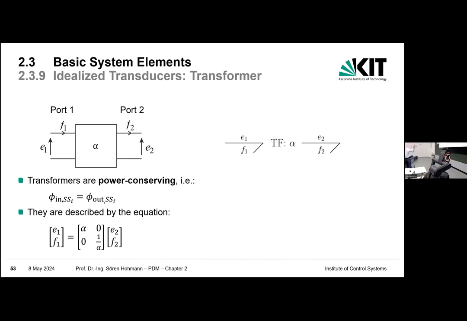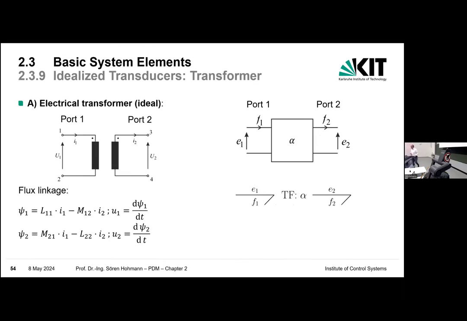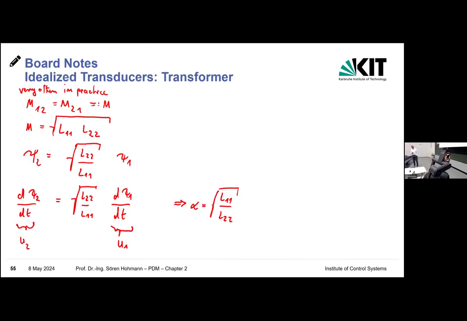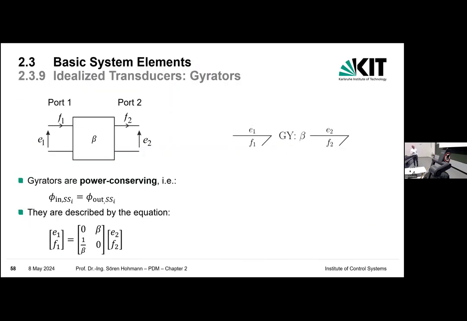So that's perhaps interesting. The question appears: what is a gyrator? If we now understand the transformer, what is a gyrator? The working principle is again described by a governing equation. In this case, we have a relation between efforts and flows, and reciprocally flows and efforts.